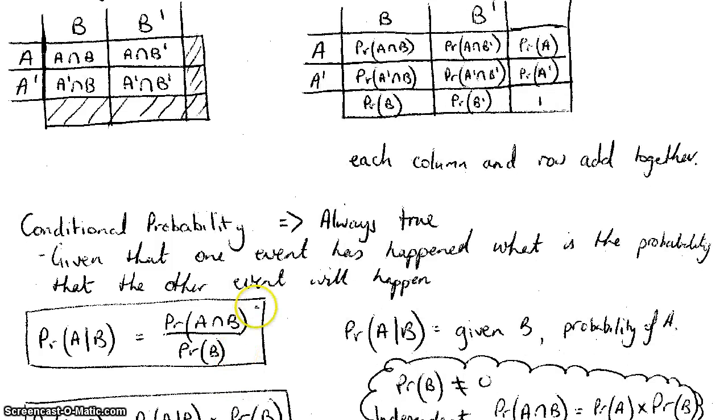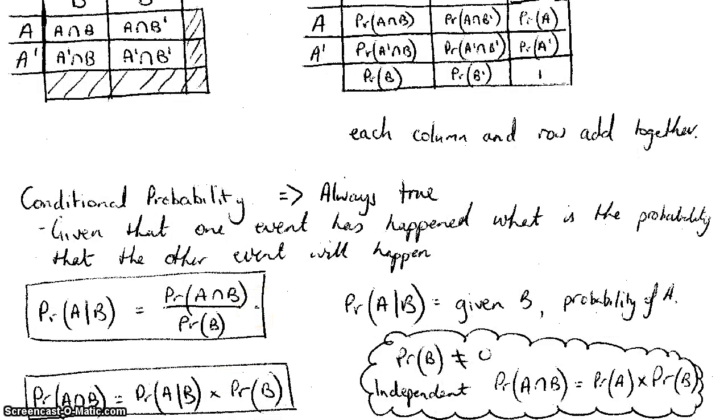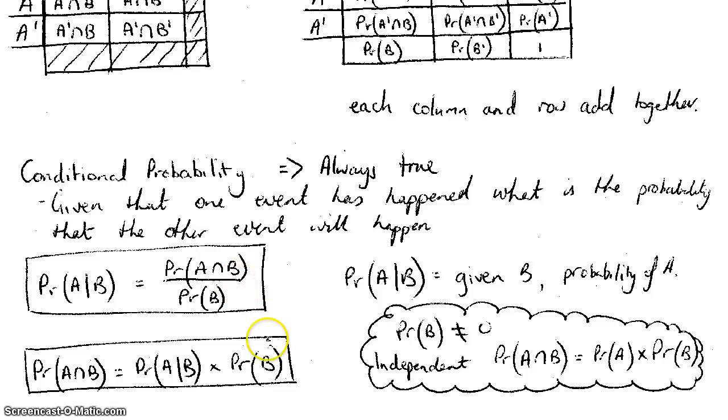Okay. Now, a couple of things that you need to remember: you can rearrange that equation to find out different things if you need to. The assumption that this takes is that the probability of B is not equal to 0, so the probability of B is possible. And something that can come up is that sometimes the terms can be independent of each other.